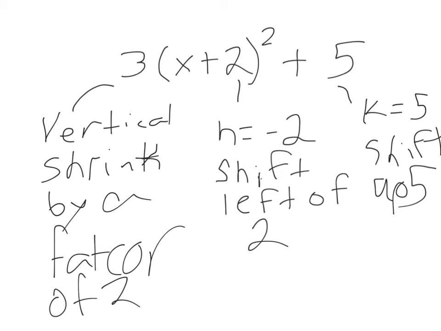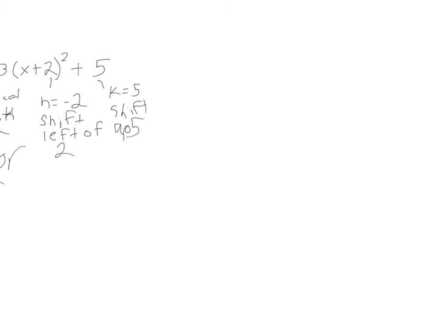Let's look at one more where I'm identifying all the different parts. So if I am given the quadratic -1/2 times x minus 4 squared minus 6.